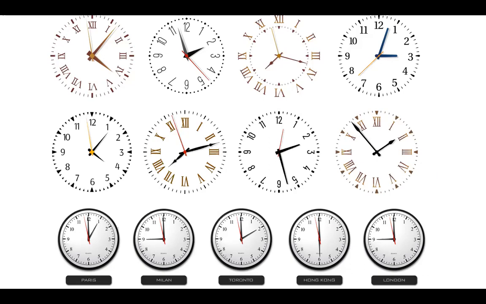How about we do something very simple, like this one where it says Milan. Time in Paris is 1 o'clock, when it's 9 o'clock in Milan, when it's 2 o'clock in Toronto, when it's 6 in Hong Kong, and 9 in London.